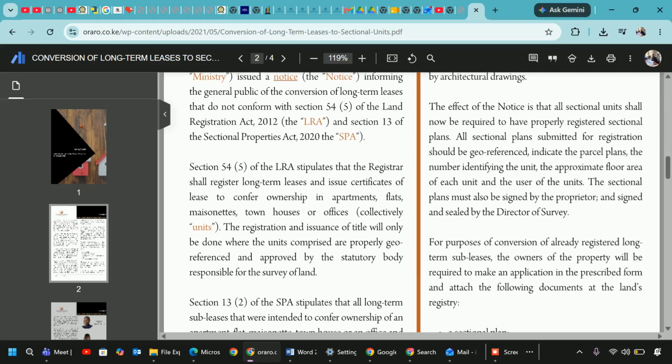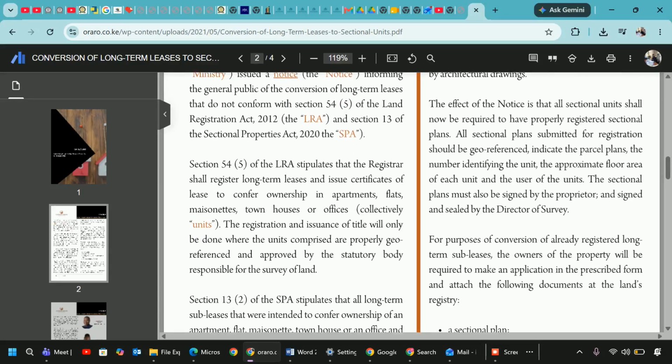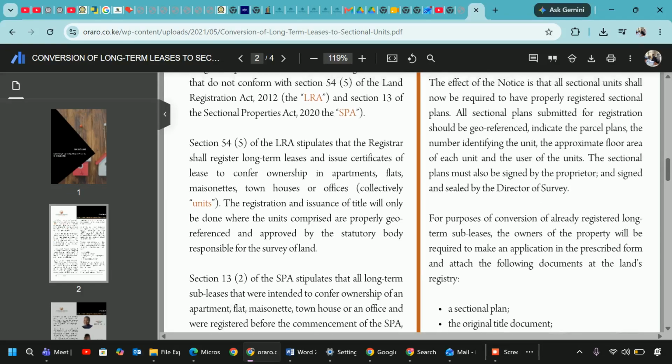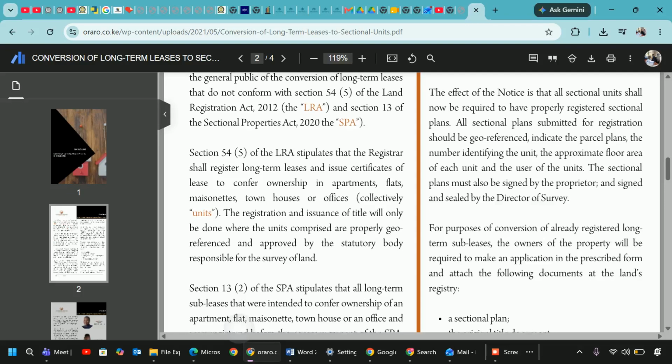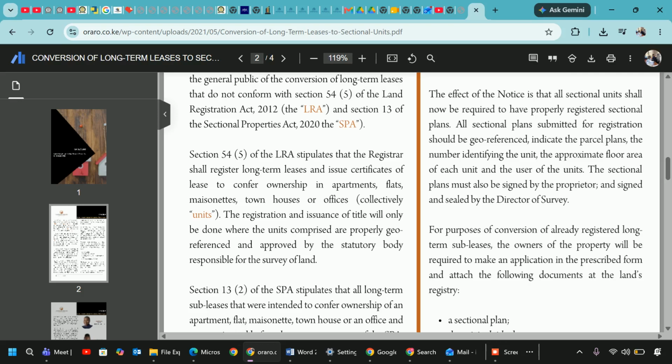The effect of the notice is that all sectional units shall now be required to have properly registered sectional plans. All sectional plans submitted for registration should be geo-referenced, indicate the parcel plans, the number identifying the unit, the approximate floor area of each unit and the use of the units. The sectional plans must also be signed by the proprietor and signed and sealed by the Director of Survey.